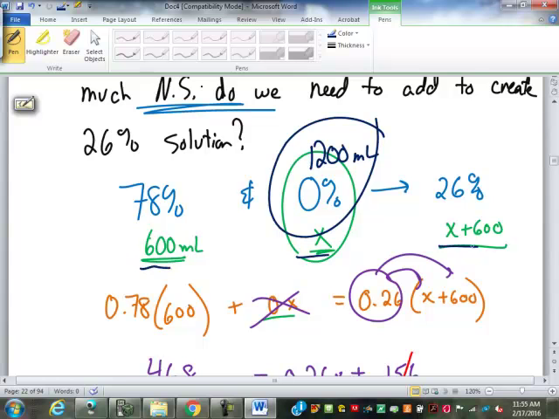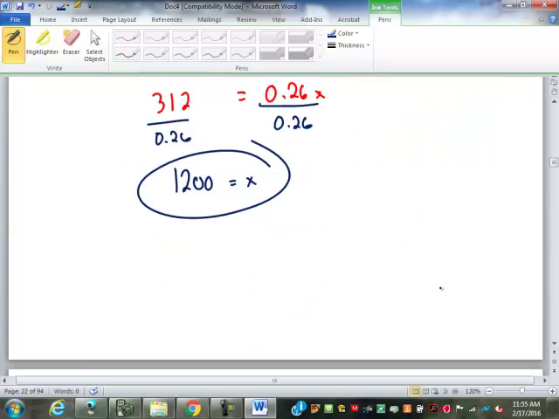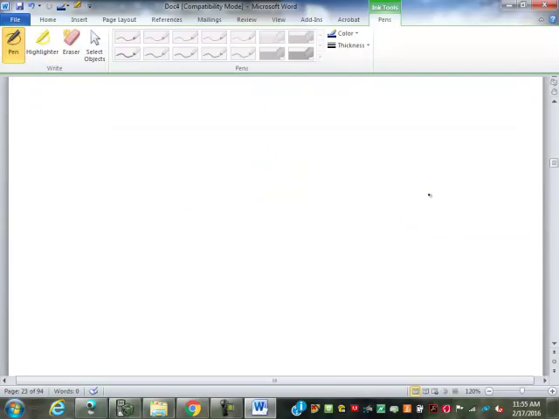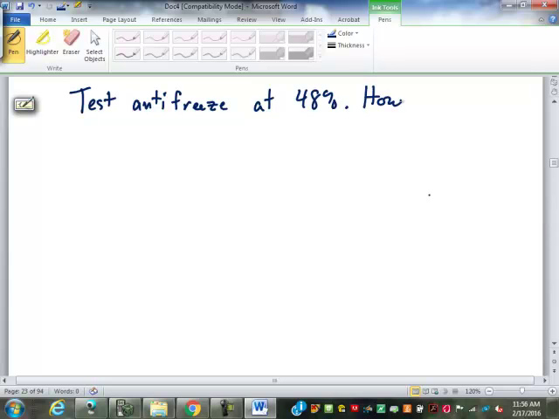Now this is, again, a little bit different problem because we have a 0% in there. The other side of that would be, let's look at your antifreeze for your car or something like that. So let's say you test your antifreeze at 48%. So the antifreeze solution in your car radiator is 48%.